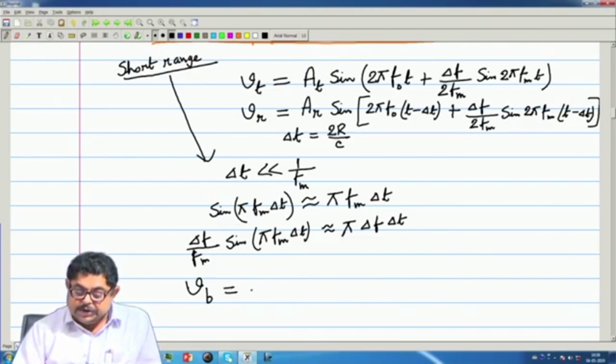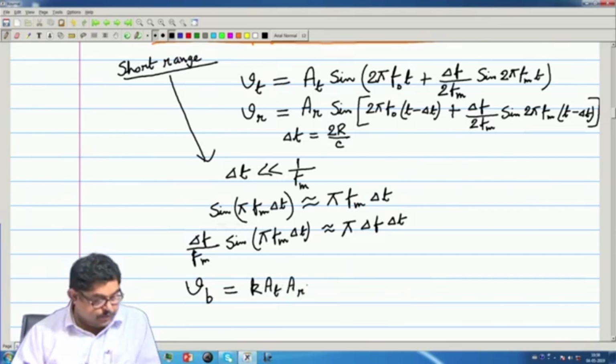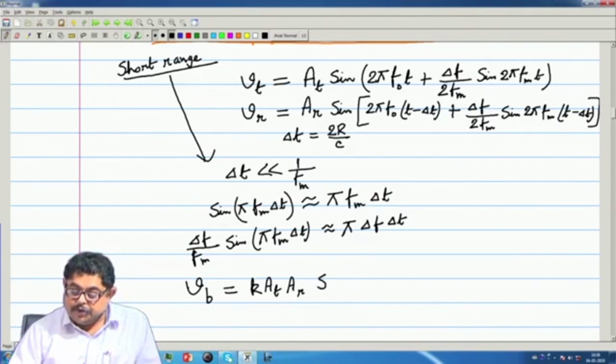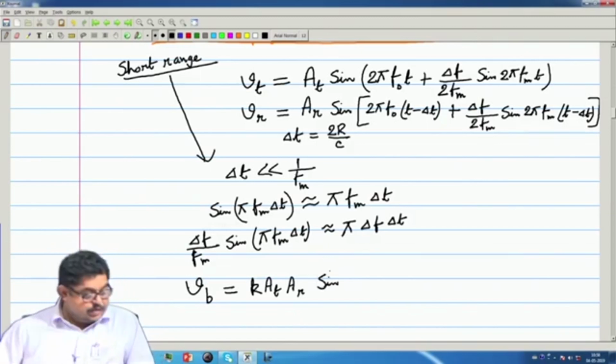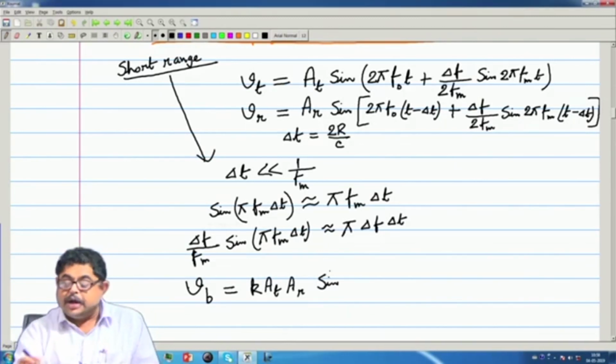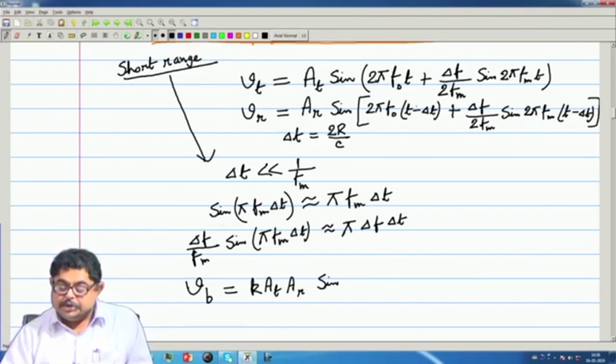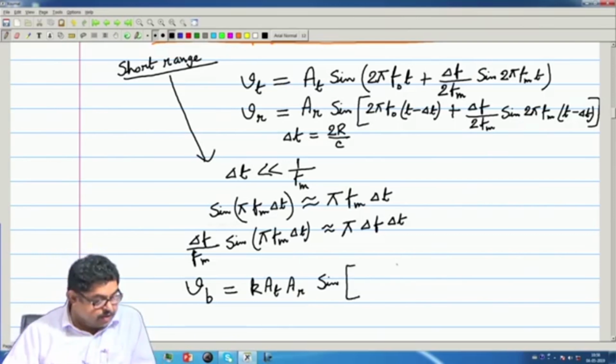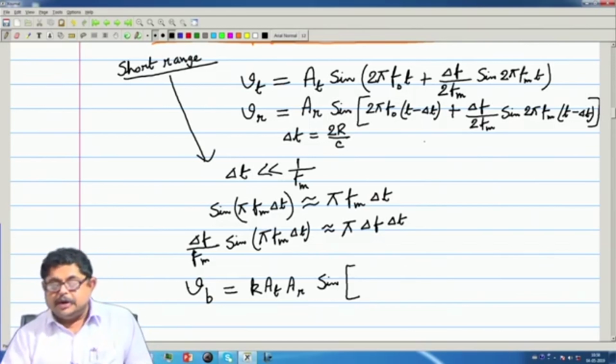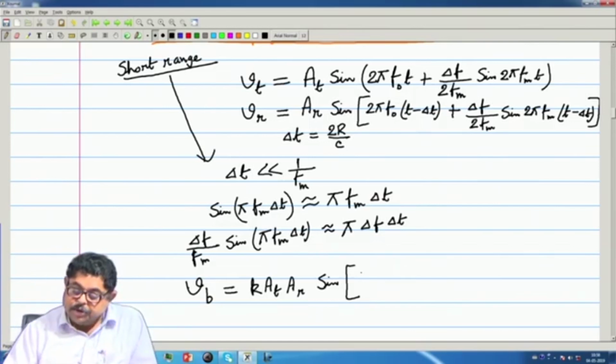I can say some multiplier k, A_T A_R, then you see it is basically sine. I know that when it mixes, the arguments of both of the sine functions will be differenced.